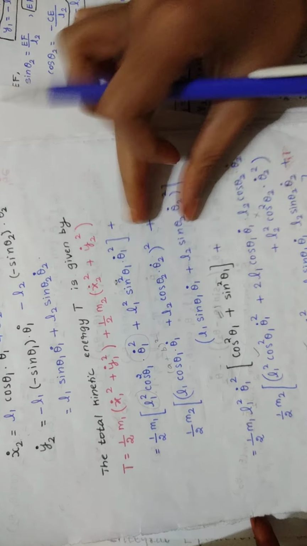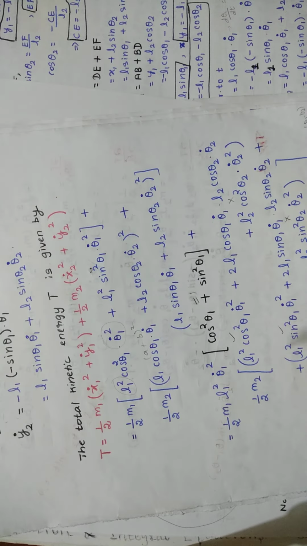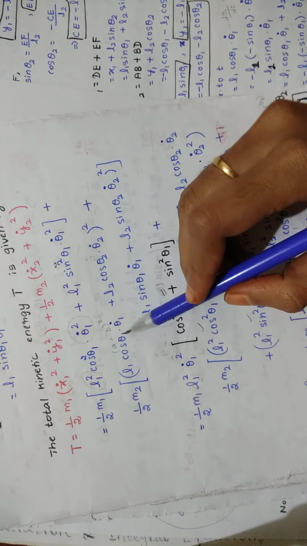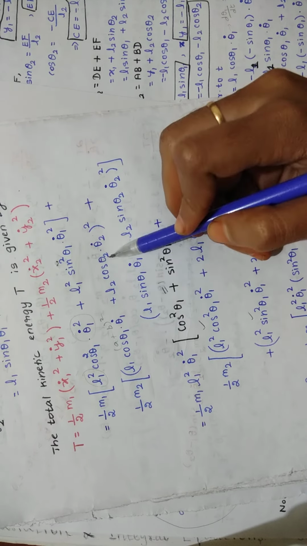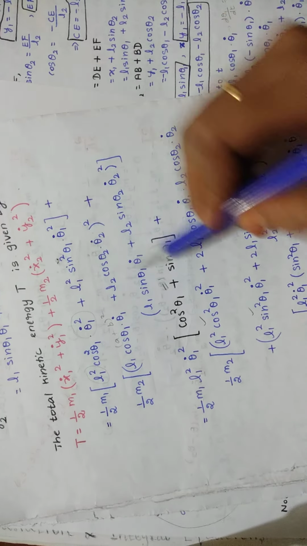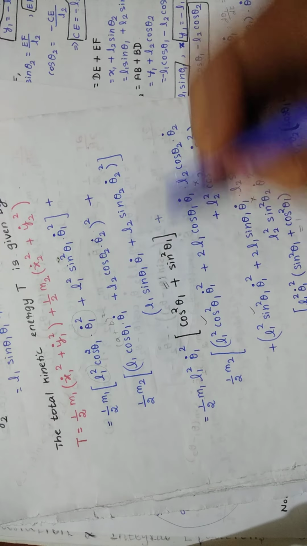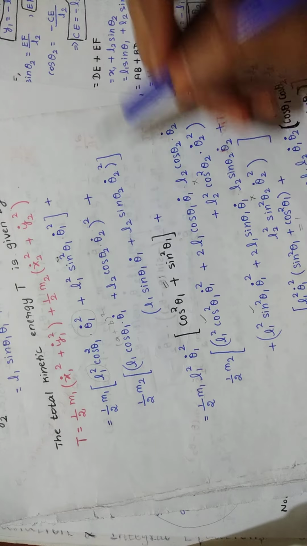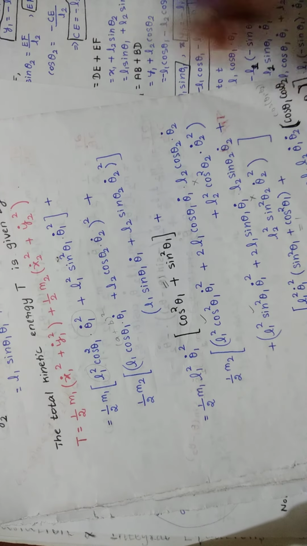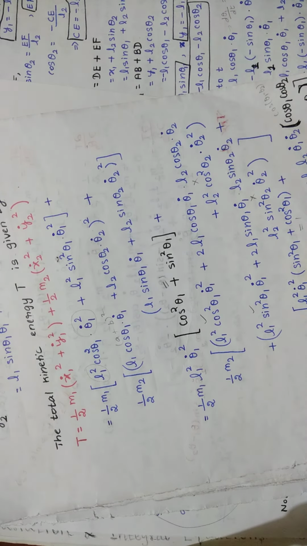Okay, so that you will get this step. After this step, this is in the form of a plus b the whole square format, and this is also in that format, a plus b the whole square. So expand like that in the next step.